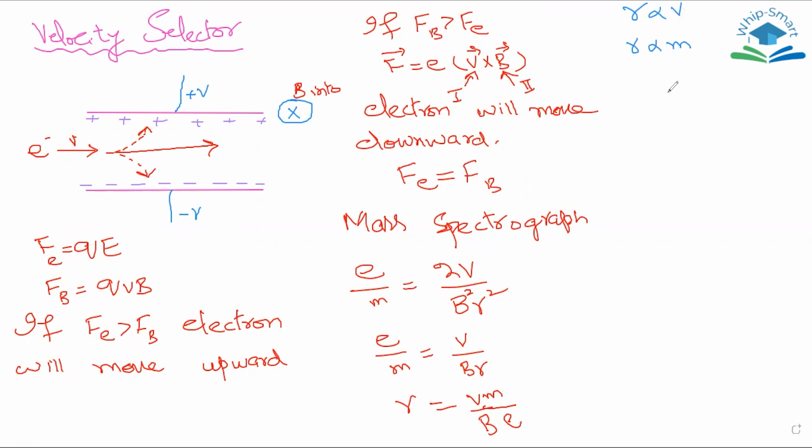The heavier the particle, the larger the circle it will move in. And we can also see that r is inversely proportional to the magnetic field. The greater the magnetic field, the smaller the radius of the circle will be. It will tighten the circle, so it will move in a small circle as we increase the magnetic field.